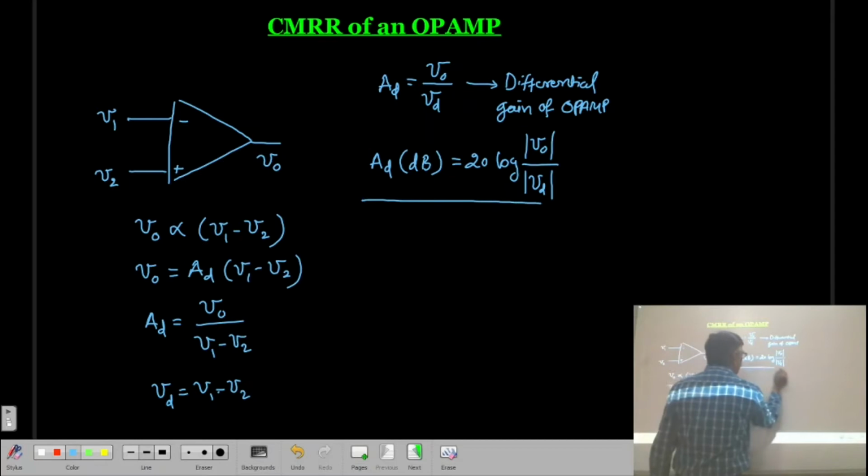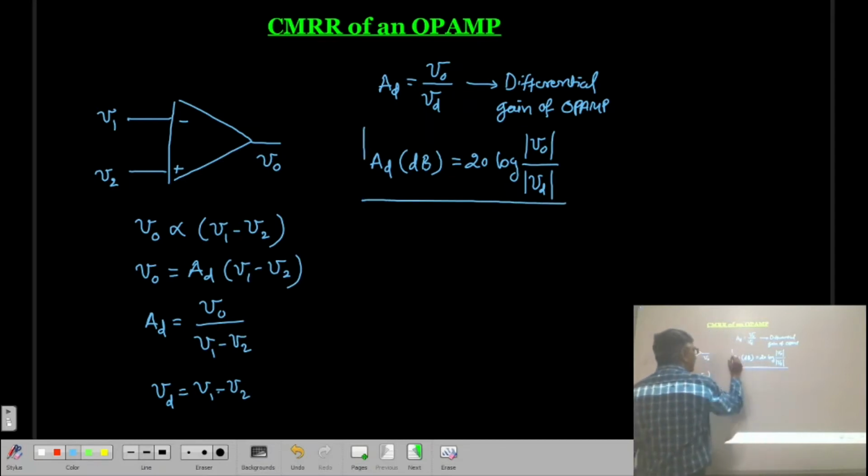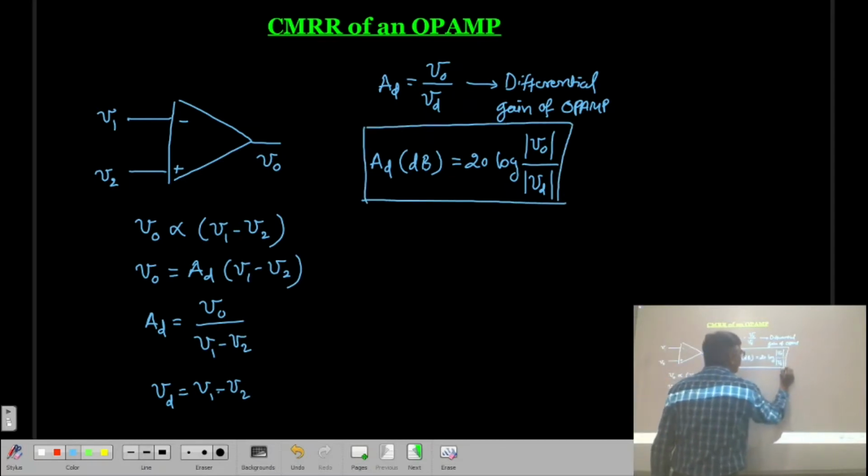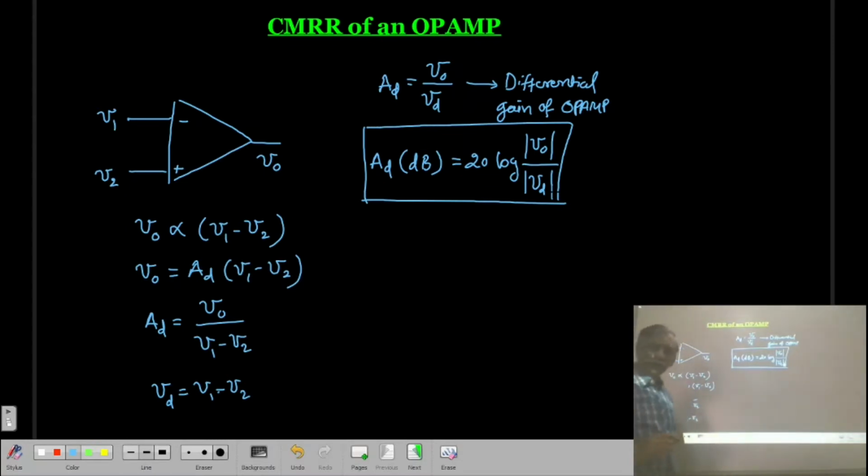So here we have the differential gain in terms of dB. Now it is clear what the differential gain of the operational amplifier is.